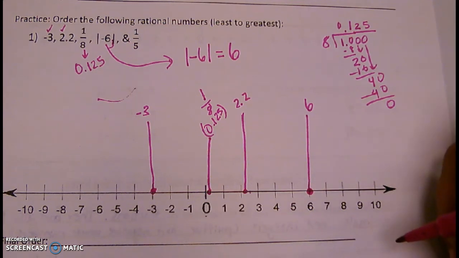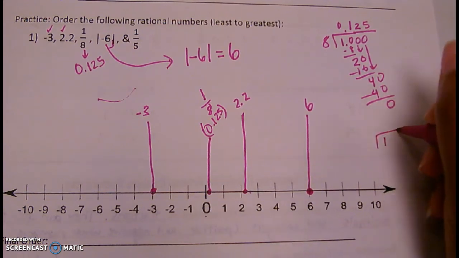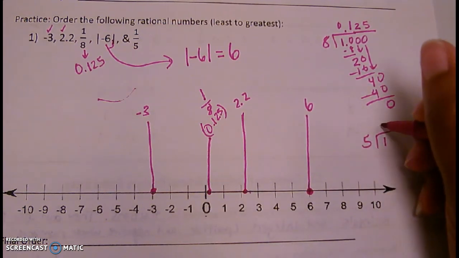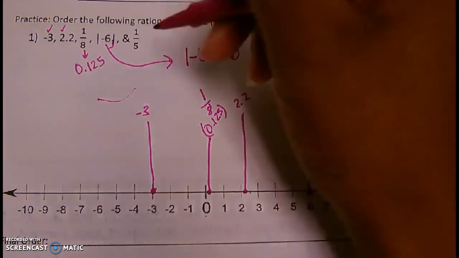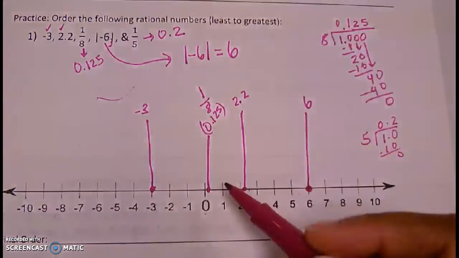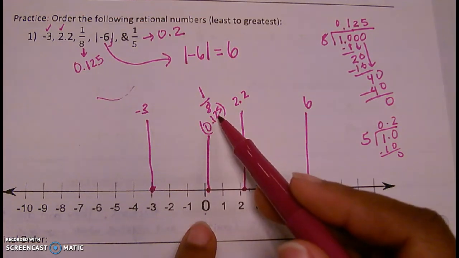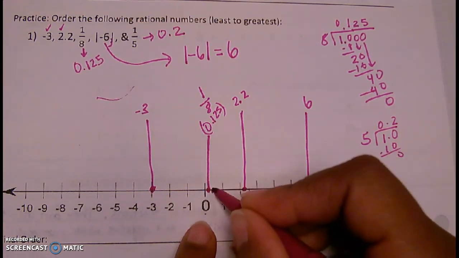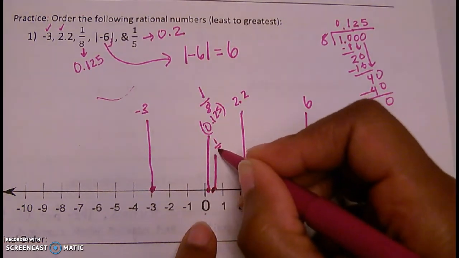I'm going to change this fraction into a decimal by coming over to the side. 1 divided by 5. 5 can't go into 1. So I'm going to put my decimal point and my 0, but 5 can go into 10 2 times, which is going to zero me out, meaning that 1/5 is the same thing as 0.2. Now, 0.2, if this is 0.1, then that means that 0.2 must be right beside it. So I'm going to draw that up. I'm going to put my 1/5.